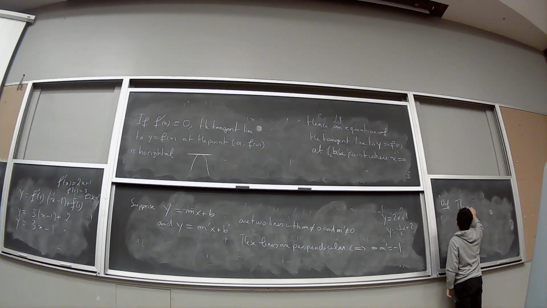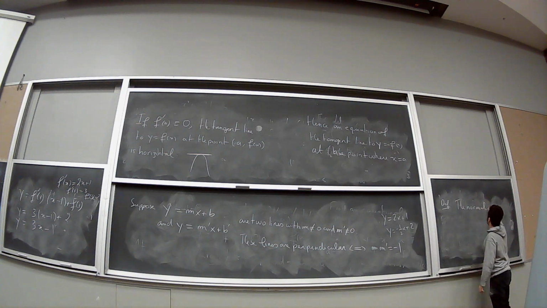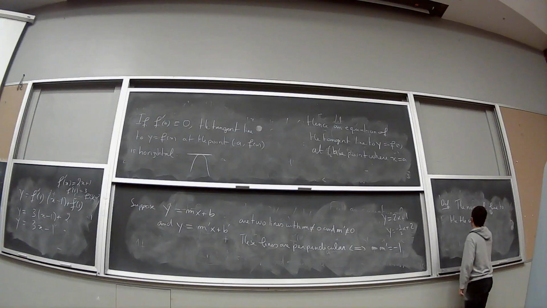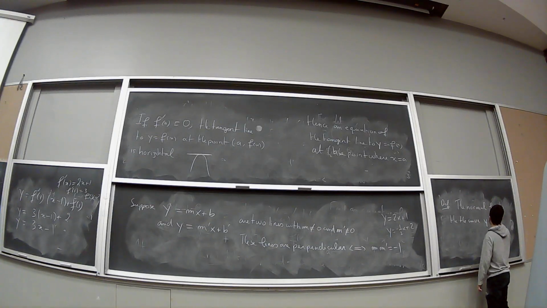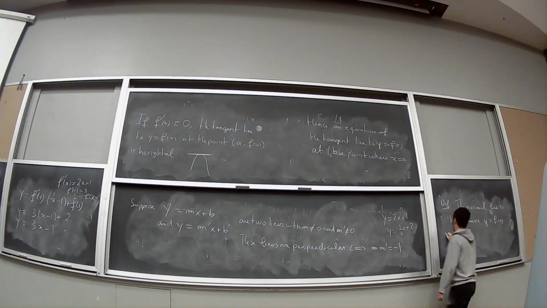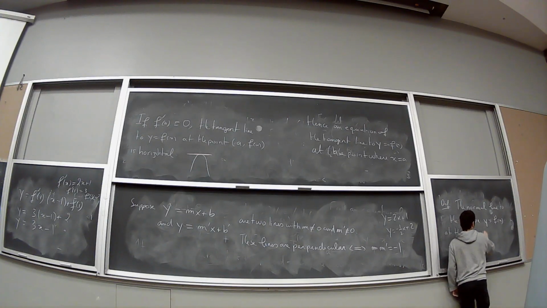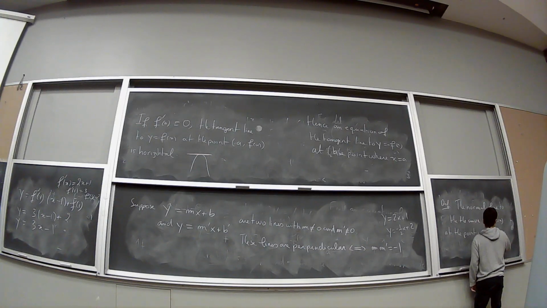The normal line to the curve y is equal to f of x at the point where x equals a.